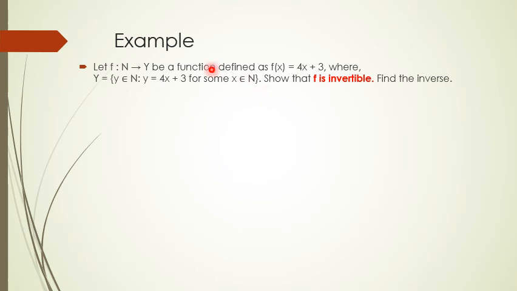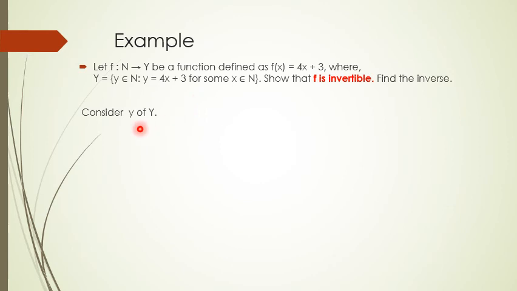Here, Y is the set of all y in N such that y equal to 4x plus 3 for some x in N. That is, Y consists of all the numbers 4x plus 3 where x is in the domain of f. We need to prove that f is invertible and we need to find the inverse of f.